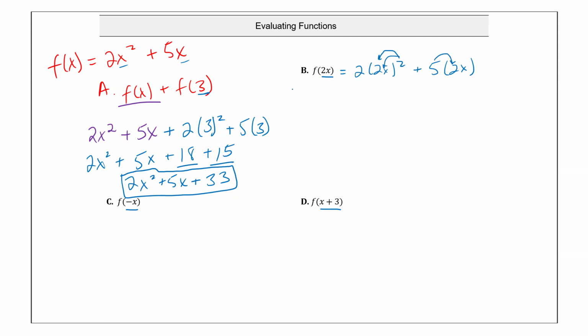So we have 2 times 2 squared is 4, x squared is x squared plus 5 times 2 is 10x. Is that fully simplified? No. 2 times 4 is 8. And that's all I can do.